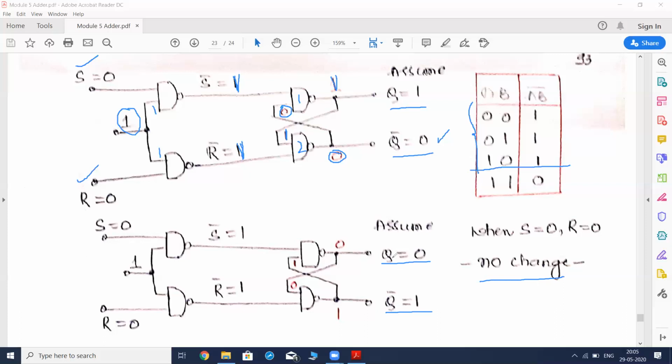So now let us assume Q as 0 and Q bar is equal to 1, and let us analyze this latch so that we are going to get the no change condition. Let us start from here. This input we know for sure, that is S is equal to 0 and R is equal to 0, and we have given the enable input.